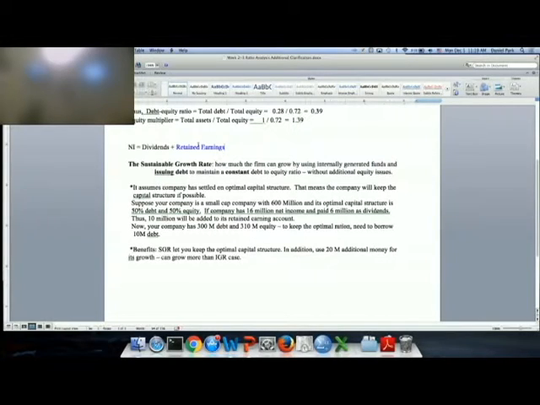So, sustainable growth rate compared to internal growth rate. The internal growth rate, or IGR, allows only retained earnings money to support future growth. However, the SGR, sustainable growth rate, allows you to use internal money, that means retained earnings money, plus issue debt.